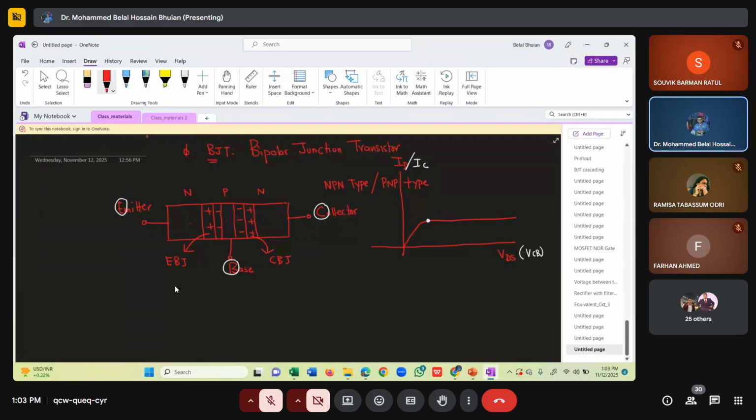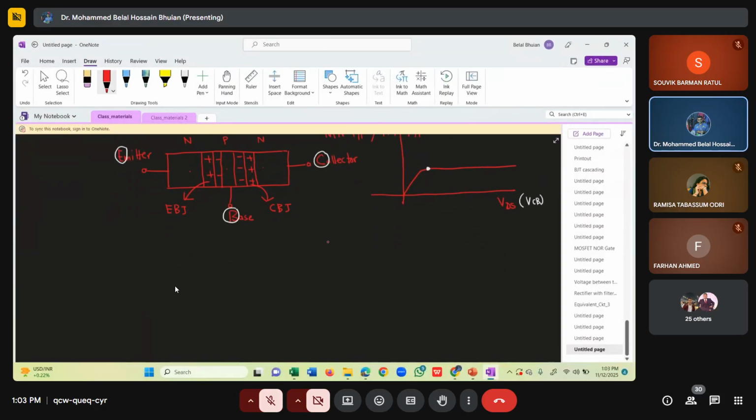So a BJT is nothing but two PN junctions connected back to back. If I model it in a simplified, approximated way, from base to emitter we have a diode, and from base to collector we have another diode.